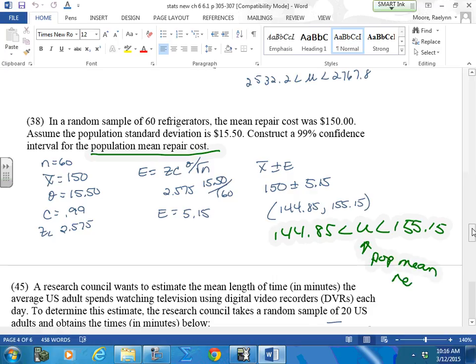I know my sample falls there. I know my sample is there. I found it. I put it there. That's my inference about my population. So I'm going to be 99% confident that if I surveyed every repair cost for this population, that it would fall between there. I'm going to be really confident that that's going to happen.